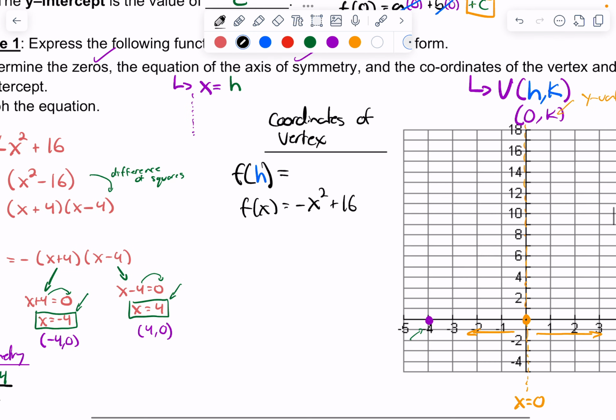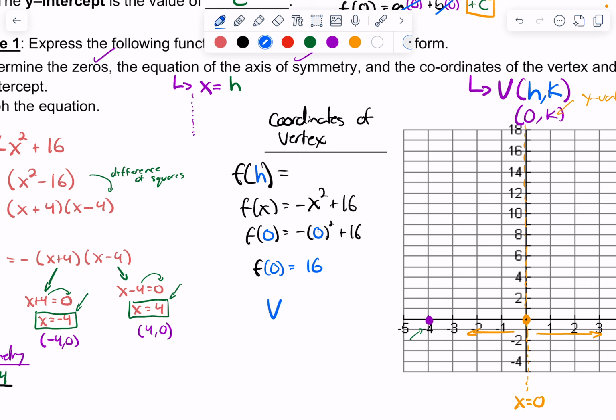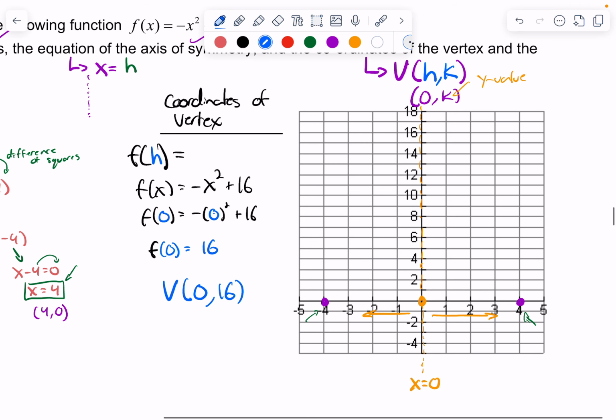Well, if I evaluate this at f of h, and h is 0, that means you'd be putting in a 0 here. That's minus 0 squared plus 16. So then f evaluated at 0 is equal to 16. That means your vertex has coordinates 0, 16. Well, let's plot that on the graph. That would be right here, 0, 16.